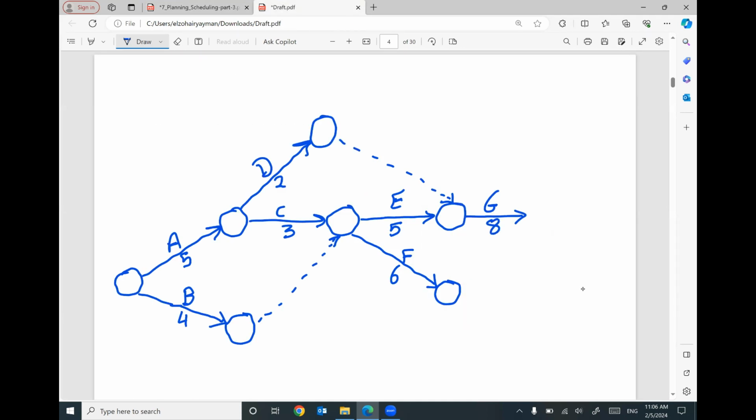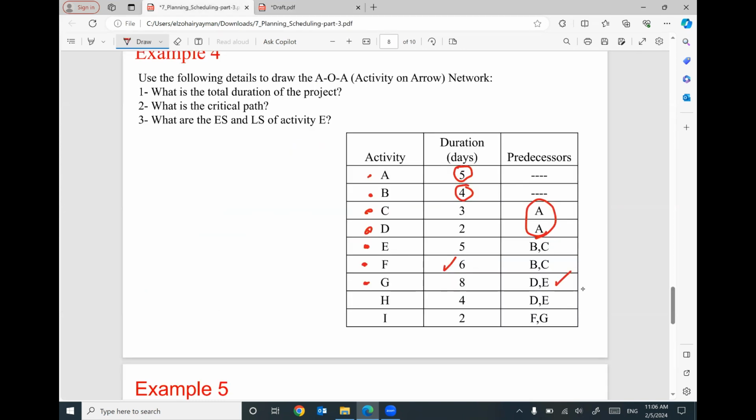The predecessor right now is E, and based on this dummy activity, D. D and E, we are good.